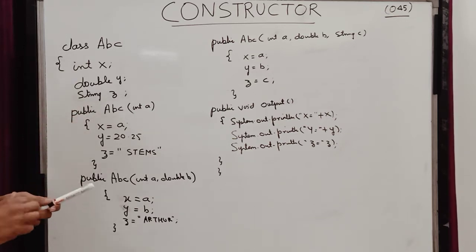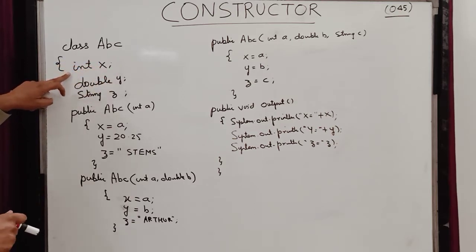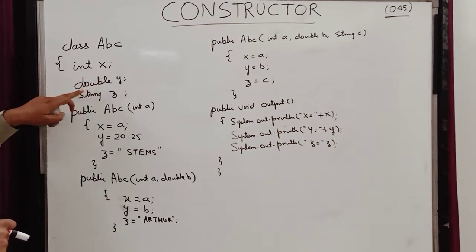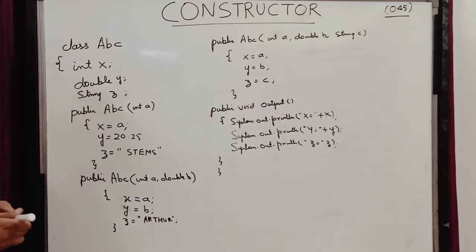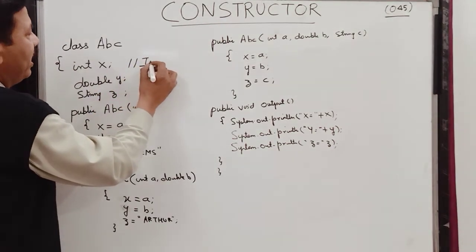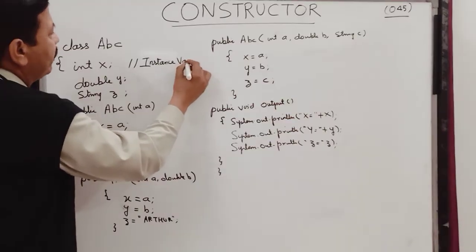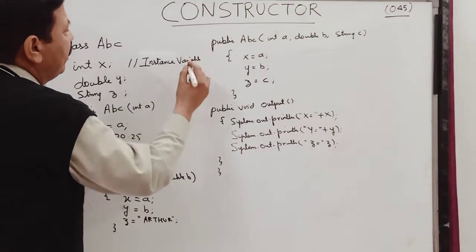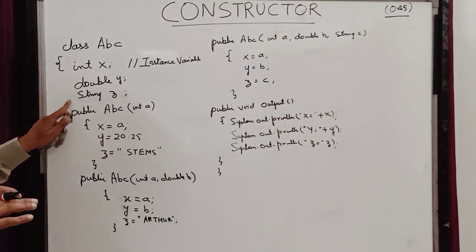So children, here I have written a class ABC, and in this class I have declared three variables: int x, double y, and string z. So these are three variables. These three variables which I have declared over here are called instance variables. Now children, instance is a word given to object, so we can say that these are object variables.